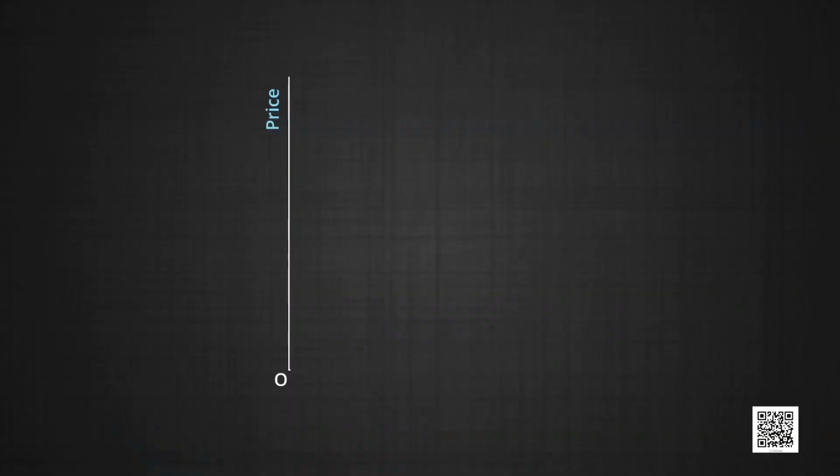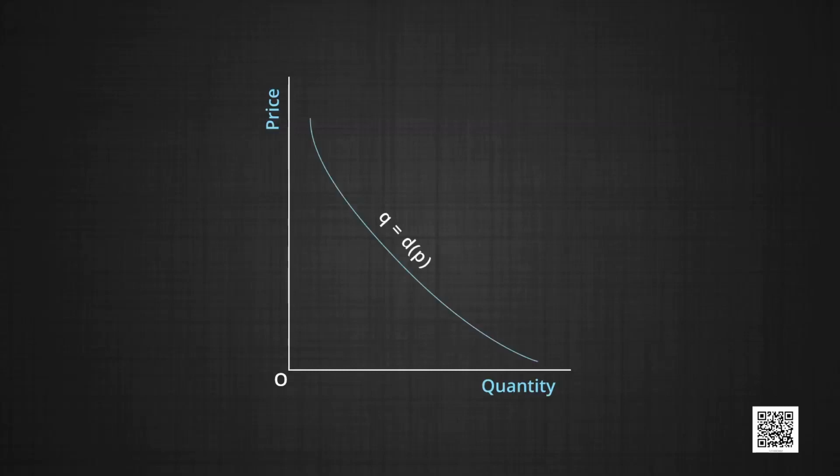The graphical representation of a demand function is called a demand curve. While drawing the demand curve, price is measured on the y-axis, while quantity is measured on the x-axis. The demand curve is downward sloping, displaying the inverse relationship between the price of a commodity and its quantity demanded.